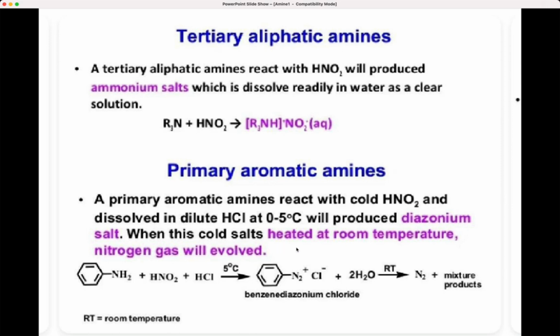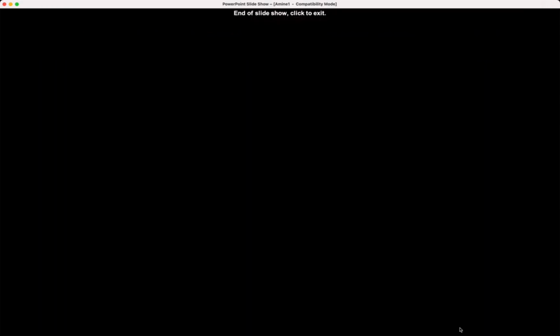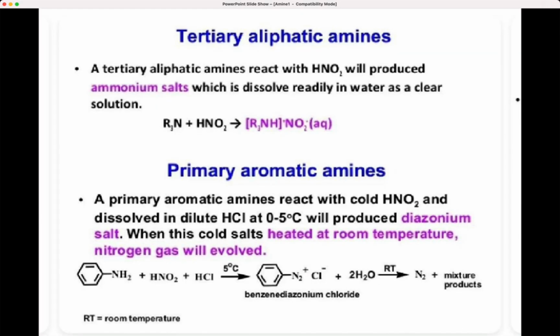And when these cold salts are heated to room temperature, you will get nitrogen gas. See, NH2 plus HNO2 plus HCl at 5 degrees centigrade gives benzene diazonium chloride. N2Cl is diazonium chloride, plus 2H2O, again at room temperature you will get nitrogen plus a mixture of products. Okay, now with that we are coming to the end of this session.